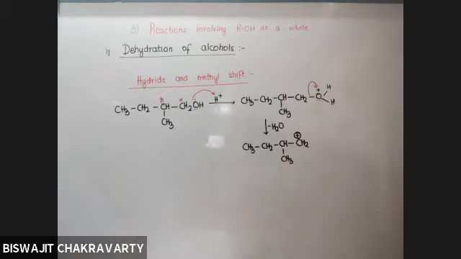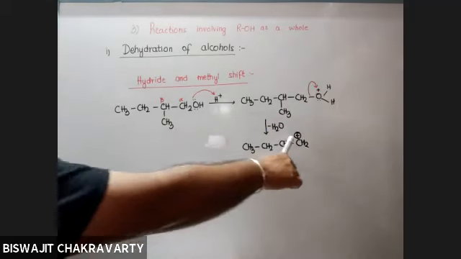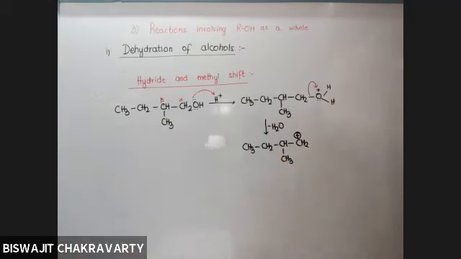Now, what is the nature of this carbocation? Tell me. Is it 1 degree, 2 degree, or 3 degree carbocation? 1 degree. Why 1 degree? Because this carbocation is bonded to only one carbon.